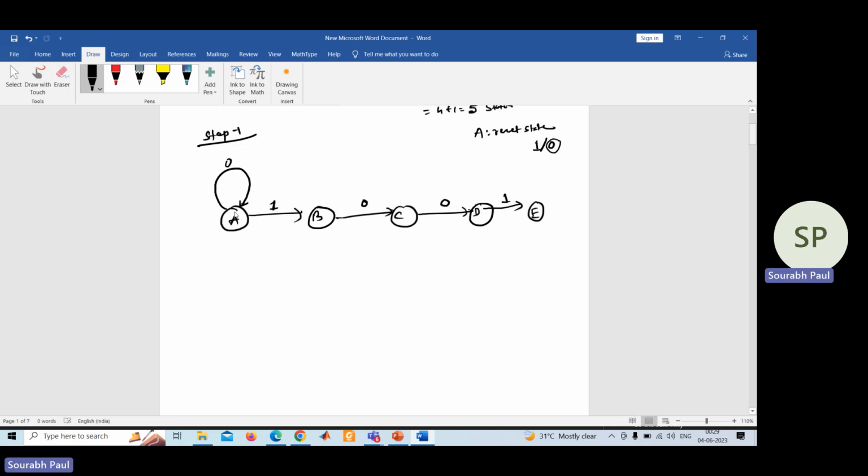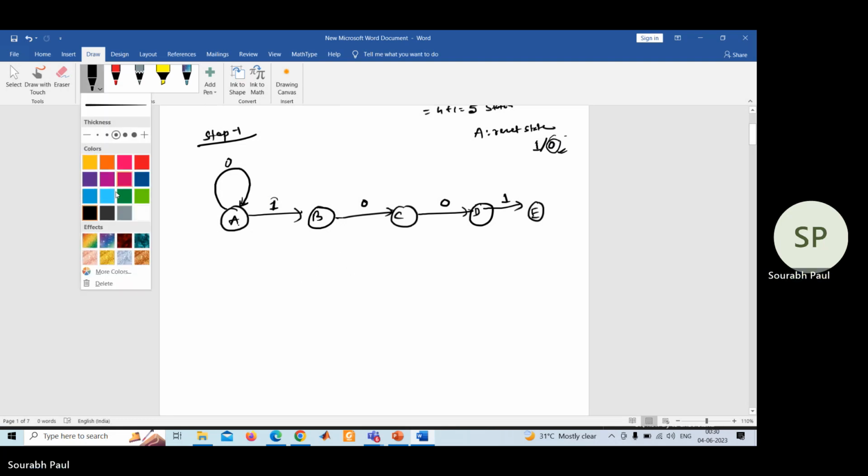Why? Because if you are starting from the reset state, then the input you didn't consider leads back to the reset state. So for state A, I have considered 1, and the input left was 0, which I have considered here. And as you are starting from the reset state, you make the self loop by considering input 0.